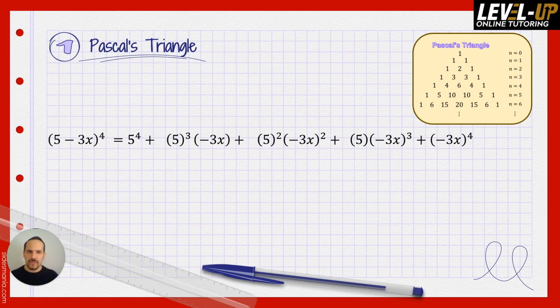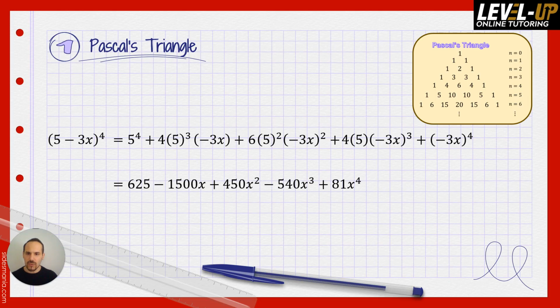And we've got to put in the appropriate coefficients from Pascal's triangle. You see we're going to get 1, 4, 6, 4, 1. And there we go. That will give us our completed polynomial here. And we just need to simplify this now. This is where we need to be careful of those minus signs. You see the signs of the terms are going to alternate: positive, negative, positive, negative.